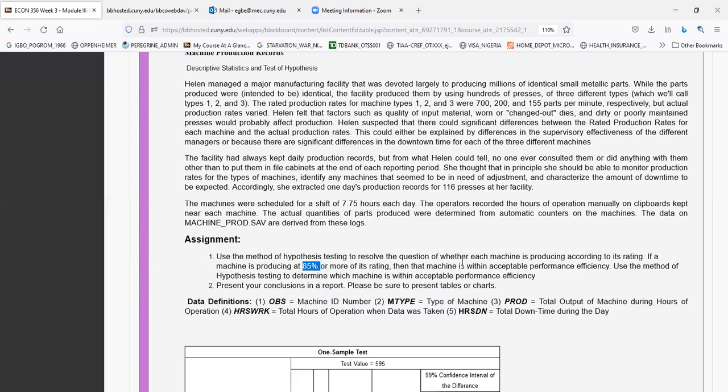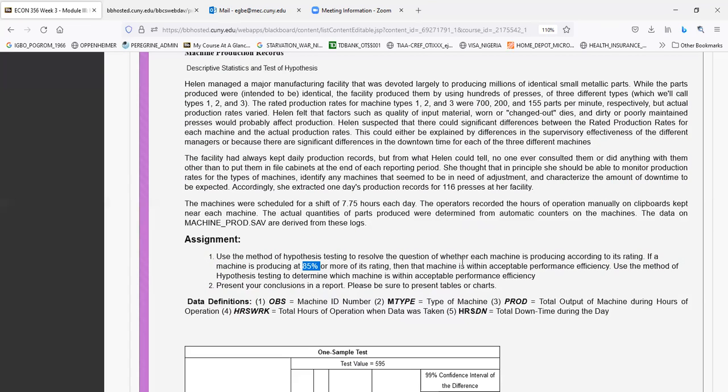You see how I got that 595? So when you set your null hypothesis, you're going to be saying mu is equal to 595. You get that? Yeah, I got that. Okay, very good.